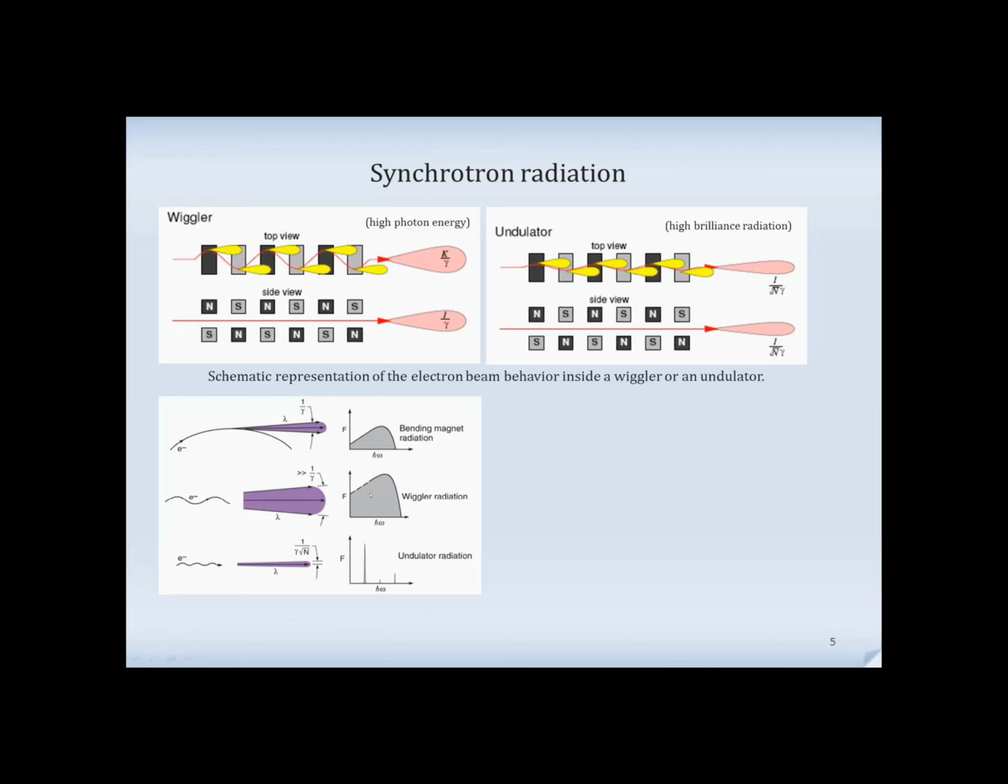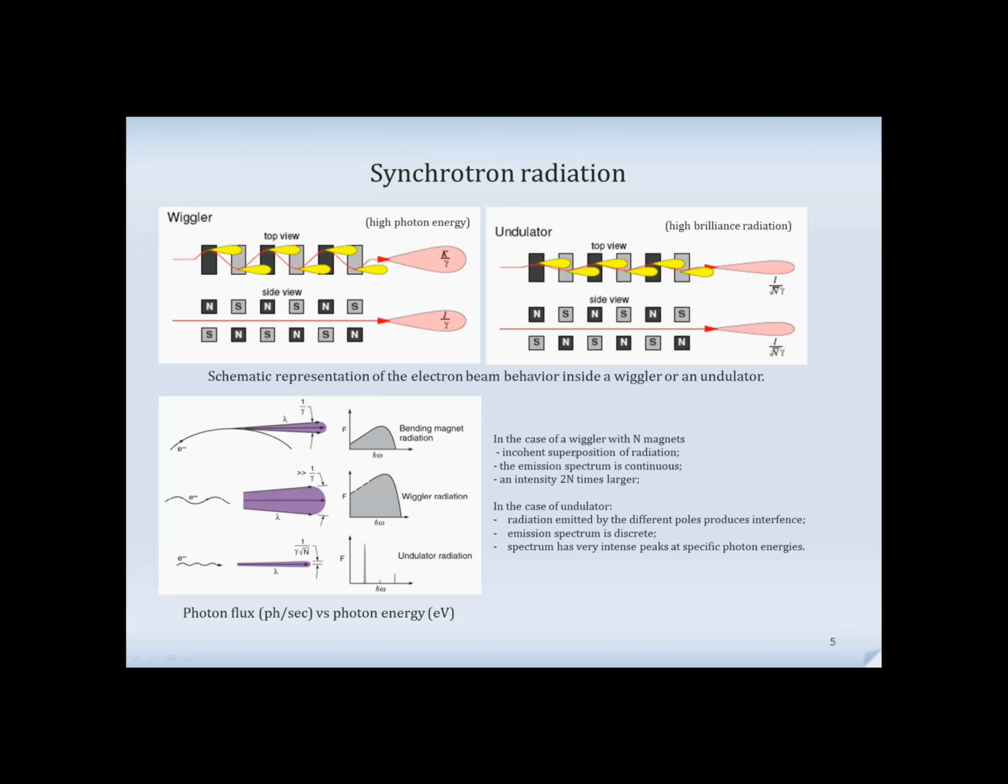In the case of a wiggler, the intensity, this is actually the photon flux, is much bigger because of superposition of different acts of emission. So this is important to increase the so-called brightness of the synchrotron radiation.